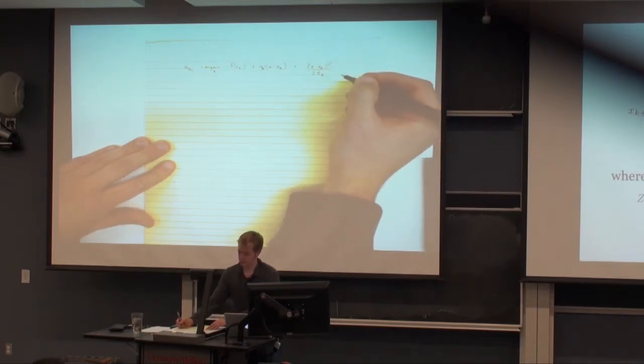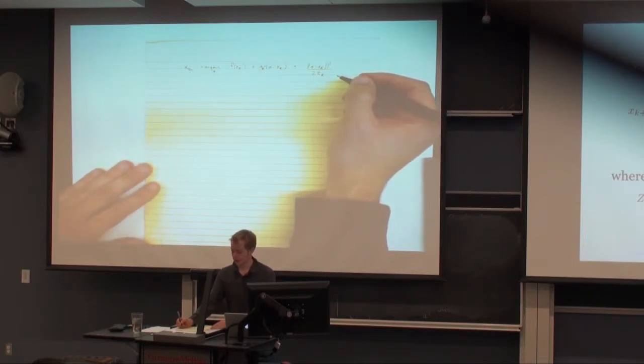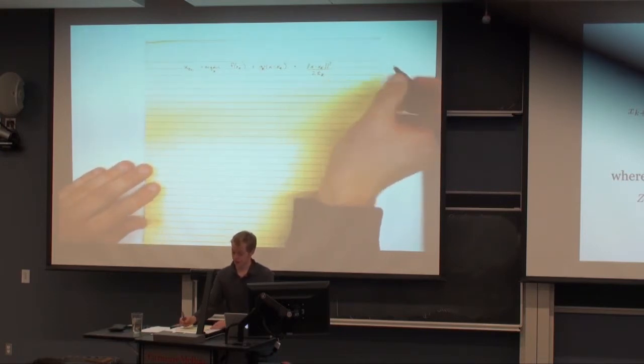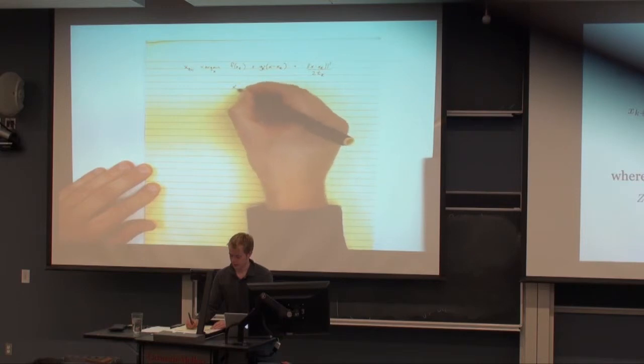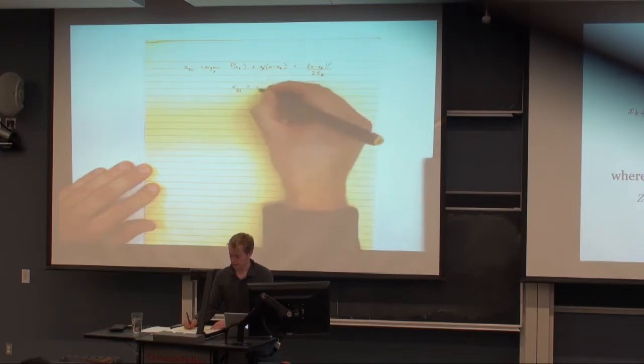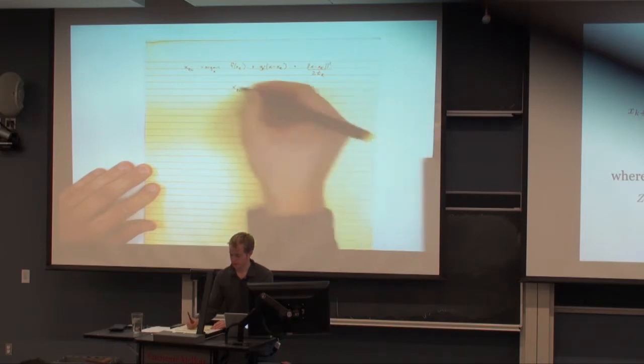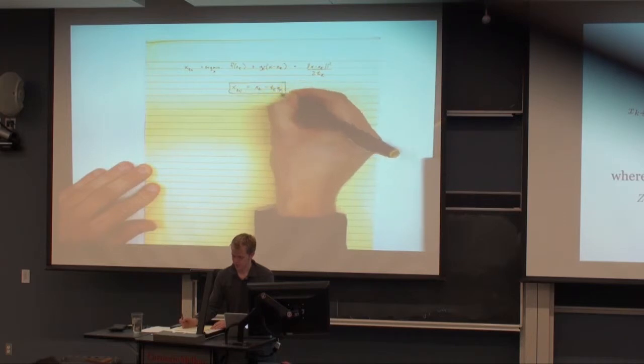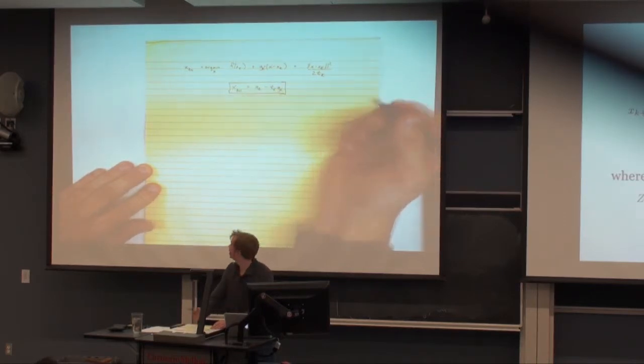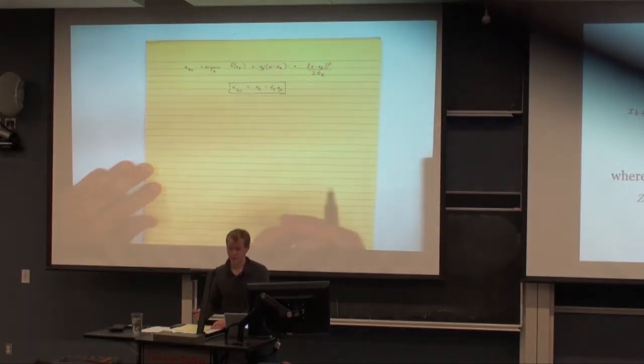So if we just differentiate that, set it equal to 0, and solve for x, we get exactly our update rule: x_{k+1} equals x_k minus t_k times the gradient. Everyone's okay with that? Is that too small for people?